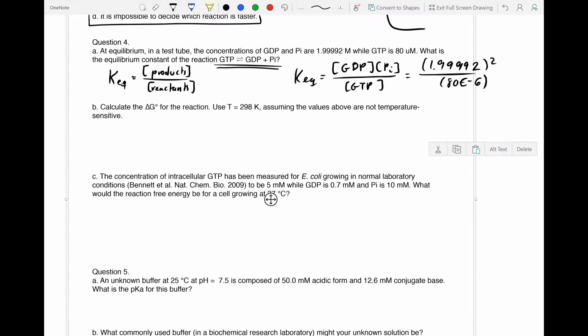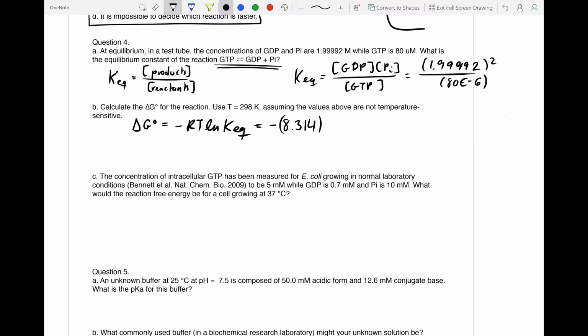So what that tells us is we're going to use the following equation, which might look kind of similar to what we were working with earlier, and just plug in those values. Should get 8.314, which is our gas constant, 298 Kelvin, and then whatever you calculated above. So that number.